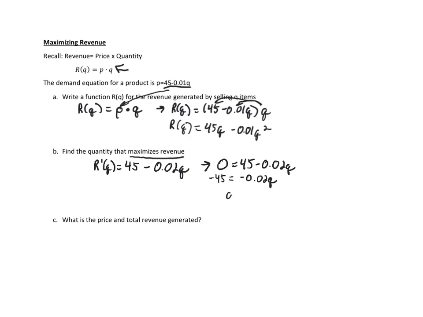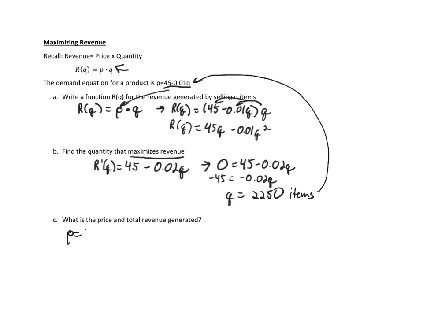Dividing over, we will get that Q equals 2,250 items. So that's how many items we're going to sell. But we want to determine what price is going to generate that number of items. Well, if you look up here, here's Q, which will allow us to determine price.